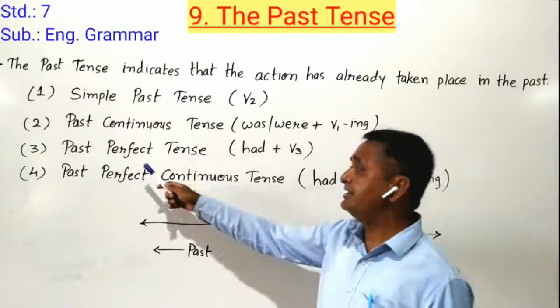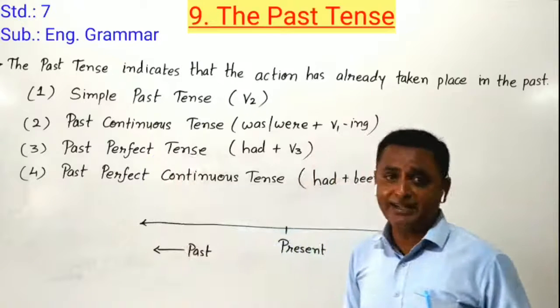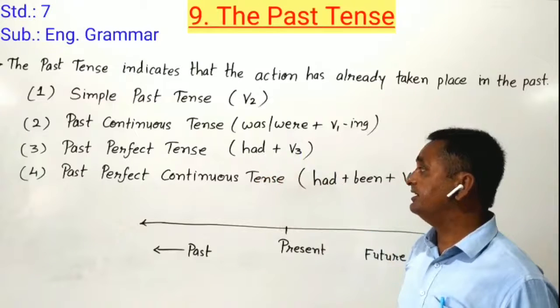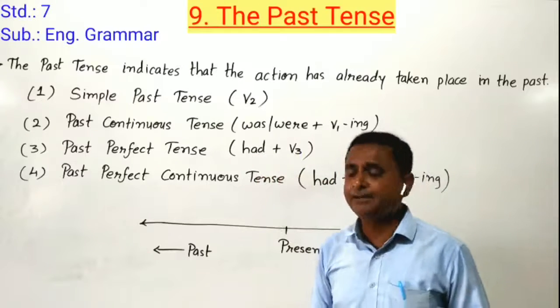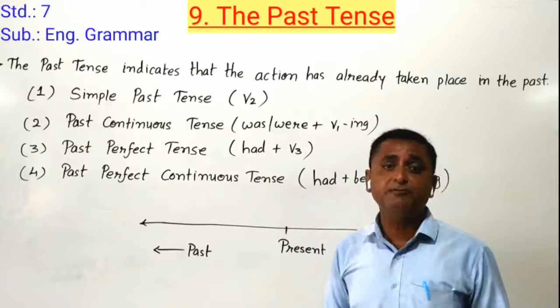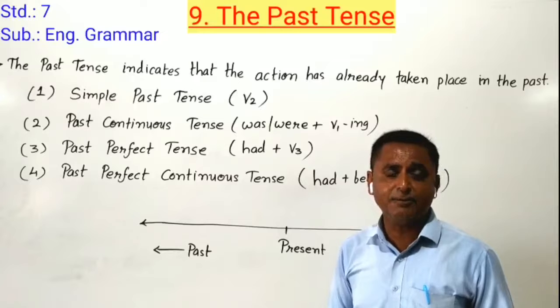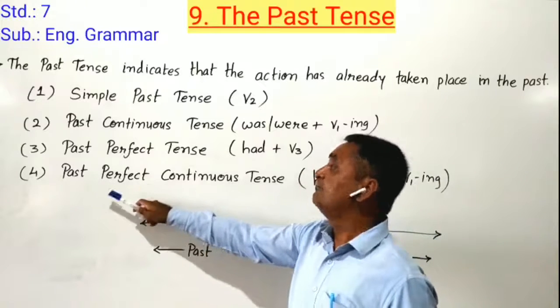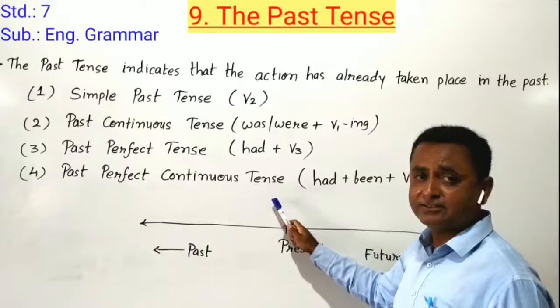Third tense is past perfect tense. Past perfect tense structure is given here, had plus V3. We have to use the helping verb had and we have to put V3 form, past participle form of verb. Fourth type of tense is past perfect continuous tense.